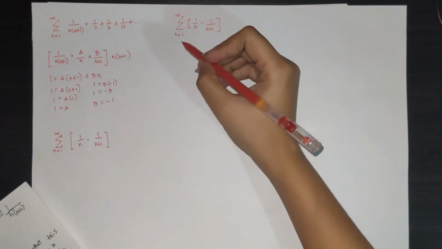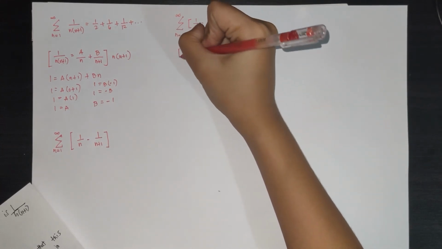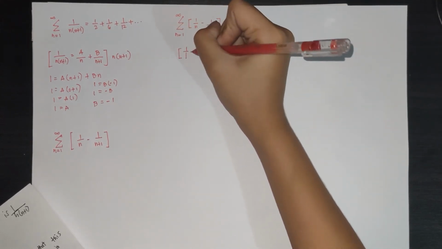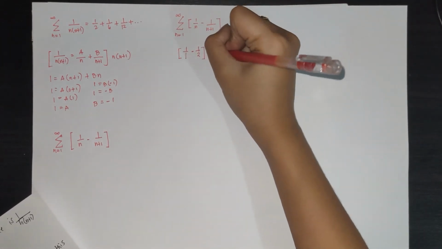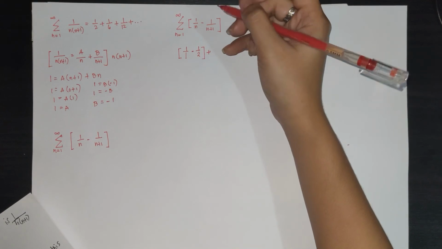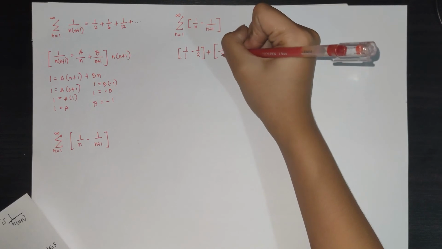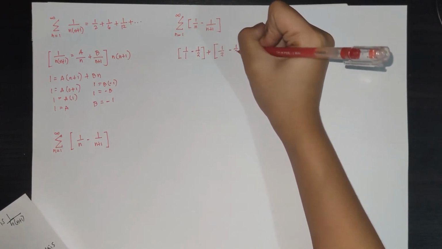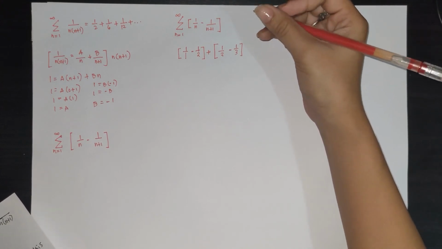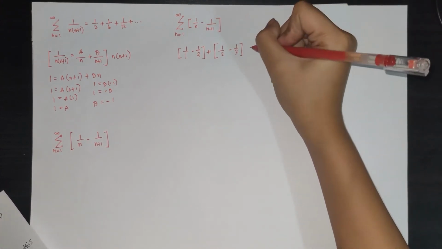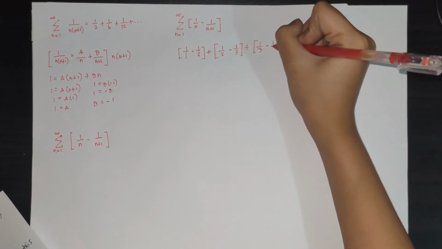When n is equal to 1, the first term will be 1 over 1 minus 1 over 2. Plus the second term, a sub 2, which is 1 over 2 minus 1 over 3. And let's move on to the third term. Plug in 3, so it's going to be 1 over 3 minus 1 over 4.